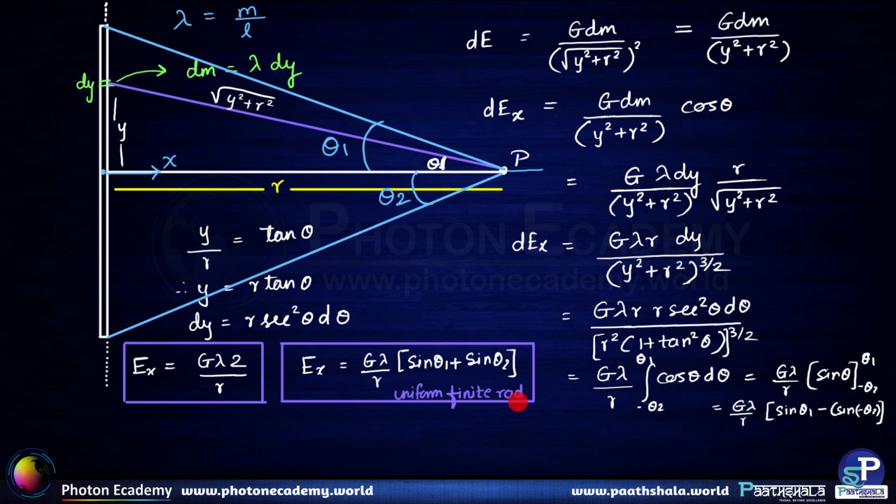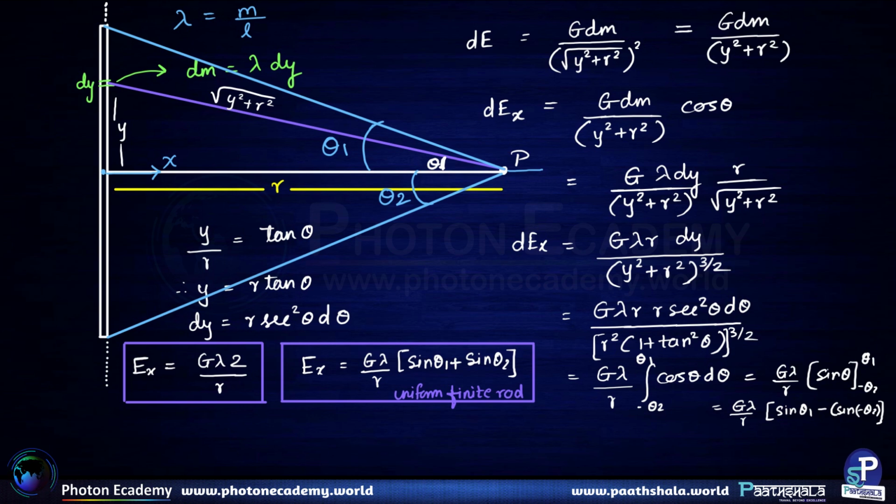This is uniform finite rod, and if we do extend this rod to plus and minus infinity, then these thetas become 90 degrees. So theta 1 becomes plus 90 and theta 2 becomes minus 90 degree. So in such a case, basically, you'll get sine 90 plus sine 90. So here you'll get 2 essentially. The magnitude of theta 2 is 90 degrees, so we'll have to substitute the magnitude of theta 2 over here, because along with the sign we already substituted by taking integration.